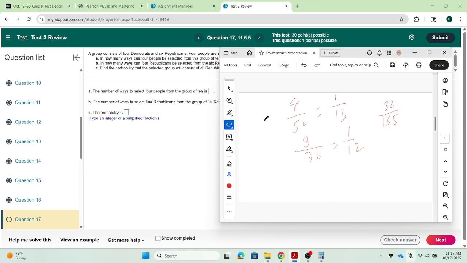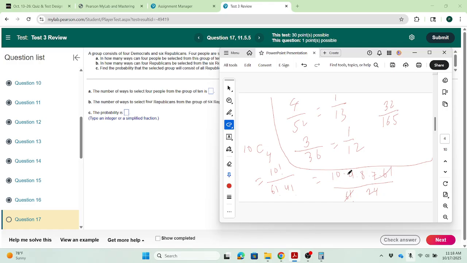4 people out of 10, and because this is a committee, order doesn't matter. So this is a combination problem. 4 out of 10 is 10 factorial divided by 6 factorial times 4 factorial, which is 10 times 9 times 8 times 7 times 6 factorial divided by 6 factorial. 4 factorial is 4 times 3 times 2, which is 24.